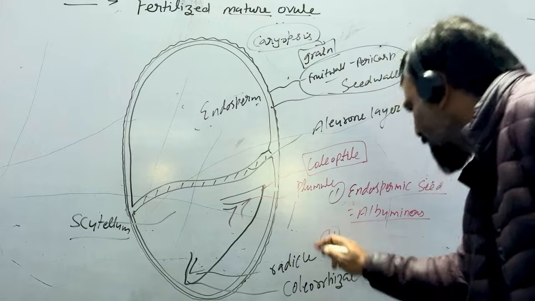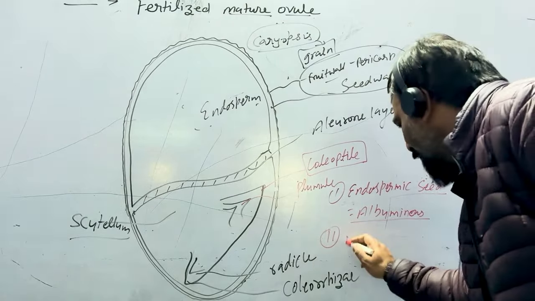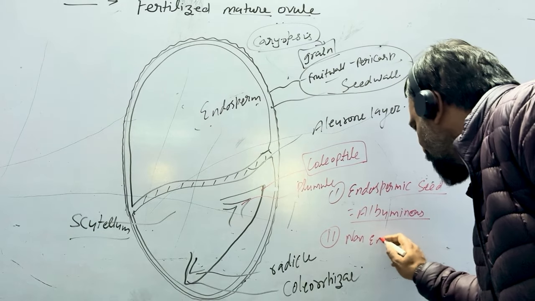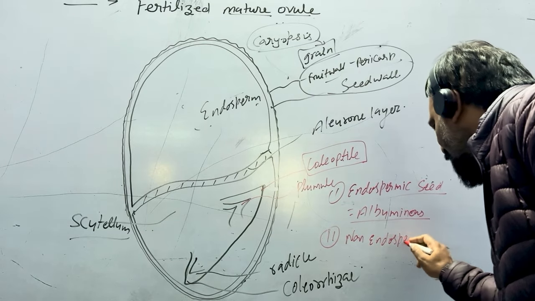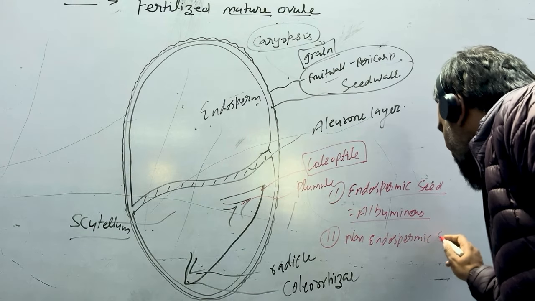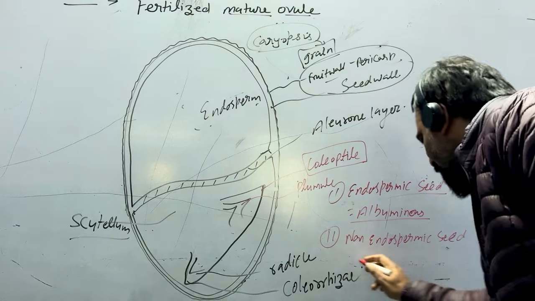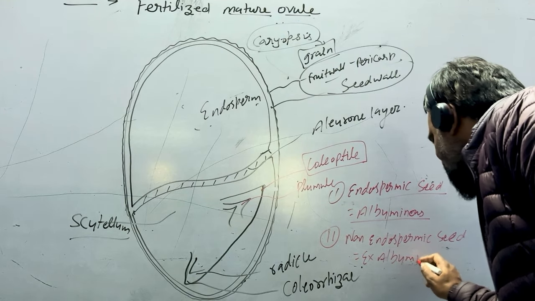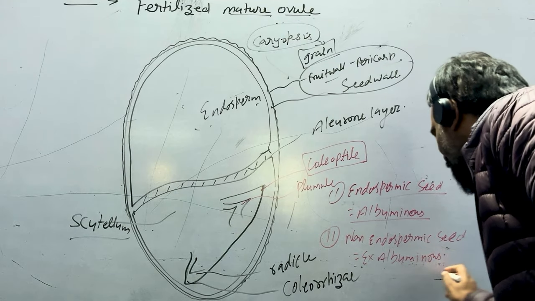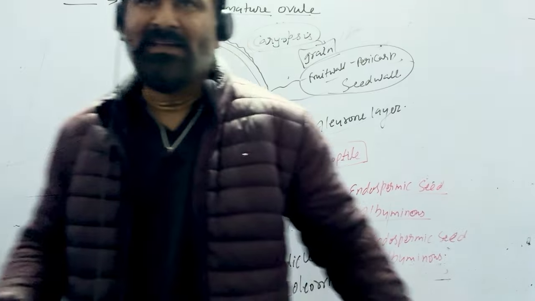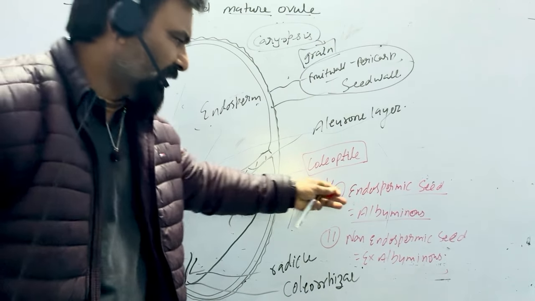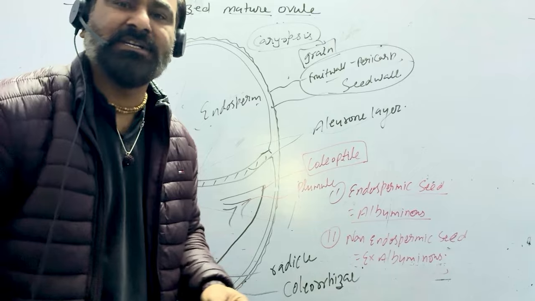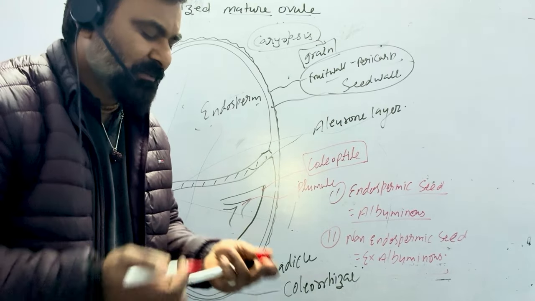And the second is the non-endospermic seed, also known as exalbuminous. As the name suggests, endospermic means the seeds in which endosperm is present.